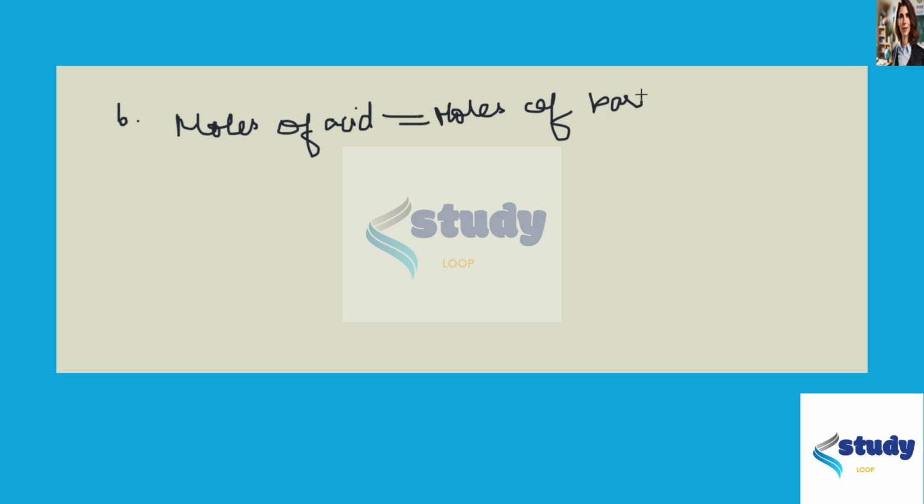How do you calculate the number of moles of acid? You multiply the molarity of the acid by the volume of the acid. And for the moles of base, you multiply the molarity of the base with the volume of the base.